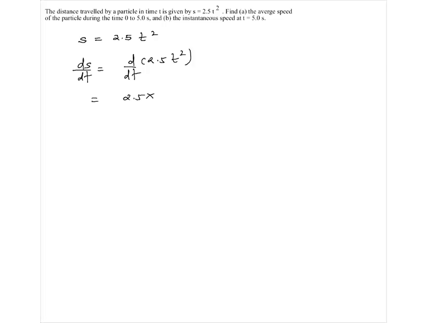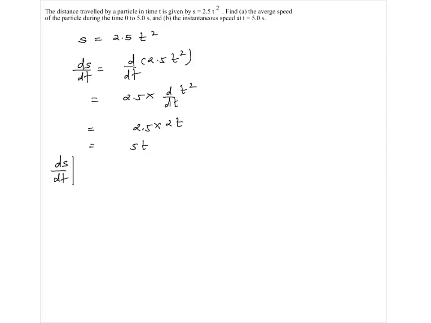Constant comes out of the derivative. What is the derivative of t square? So 2t. Correct. So you got 5t. Now put t equal to 5.